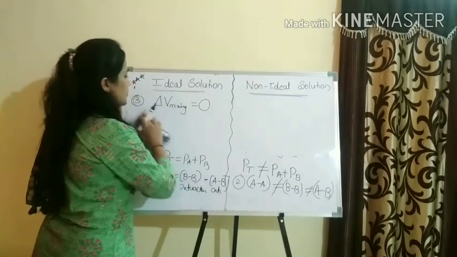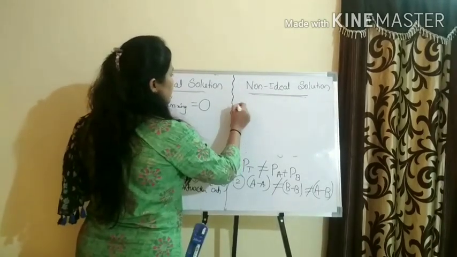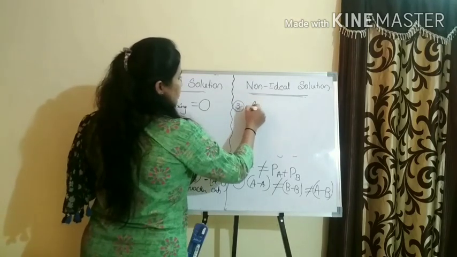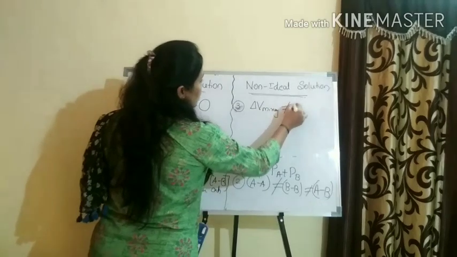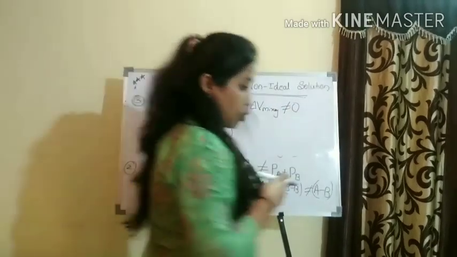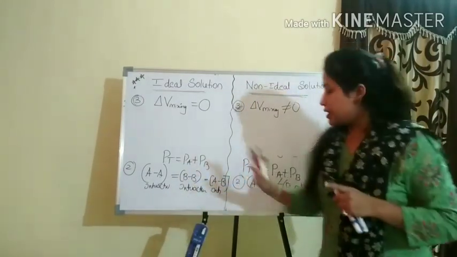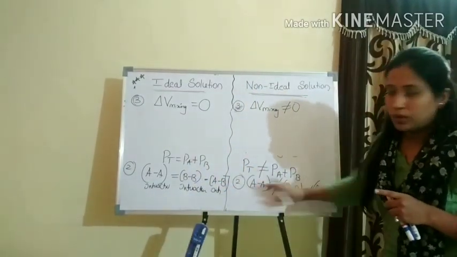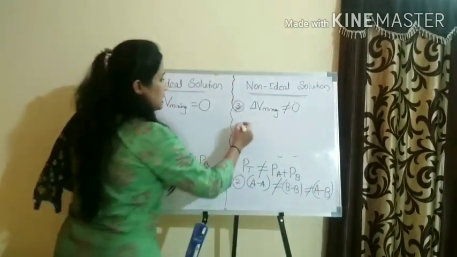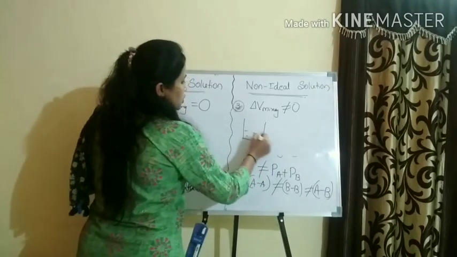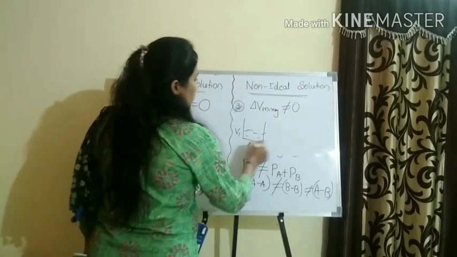Now here comes the non-ideal solution, the third difference still. Obviously, for the non-ideal solution, delta V upon mixing is not equal to 0. Upon mixing, the volume may increase or decrease based on the interaction. If the AA molecules are strongly held, let us take this as V1, this is the A component.